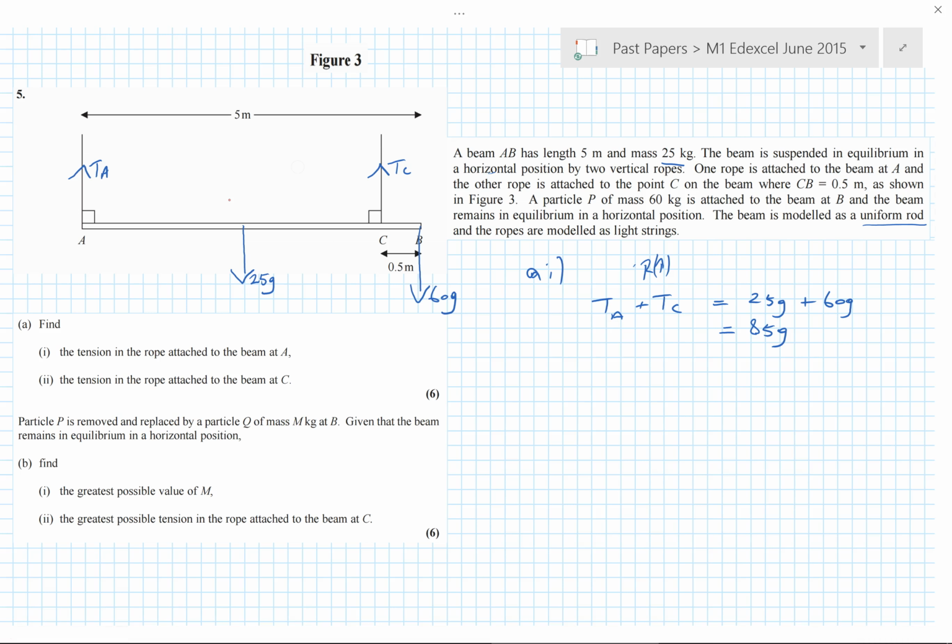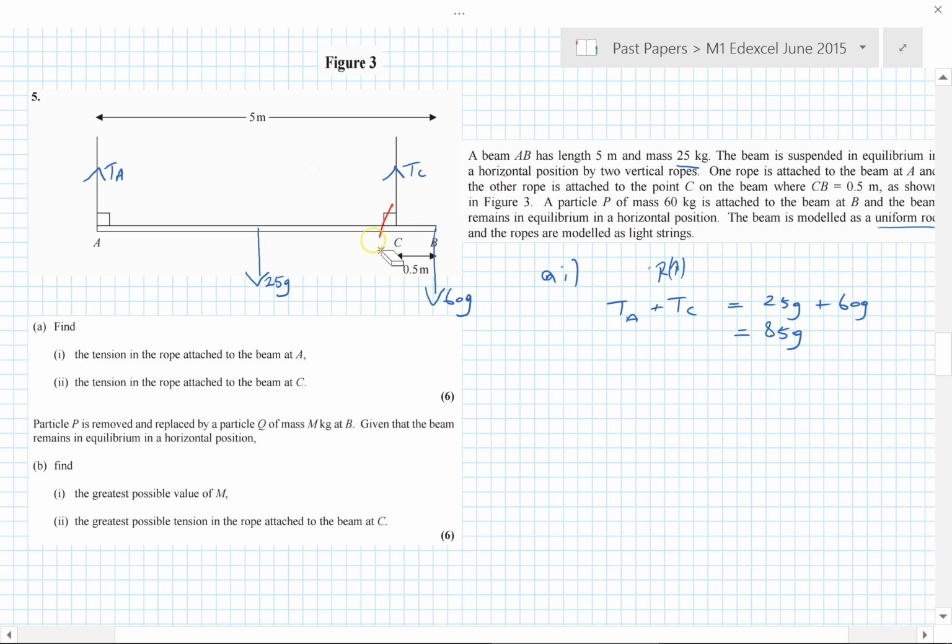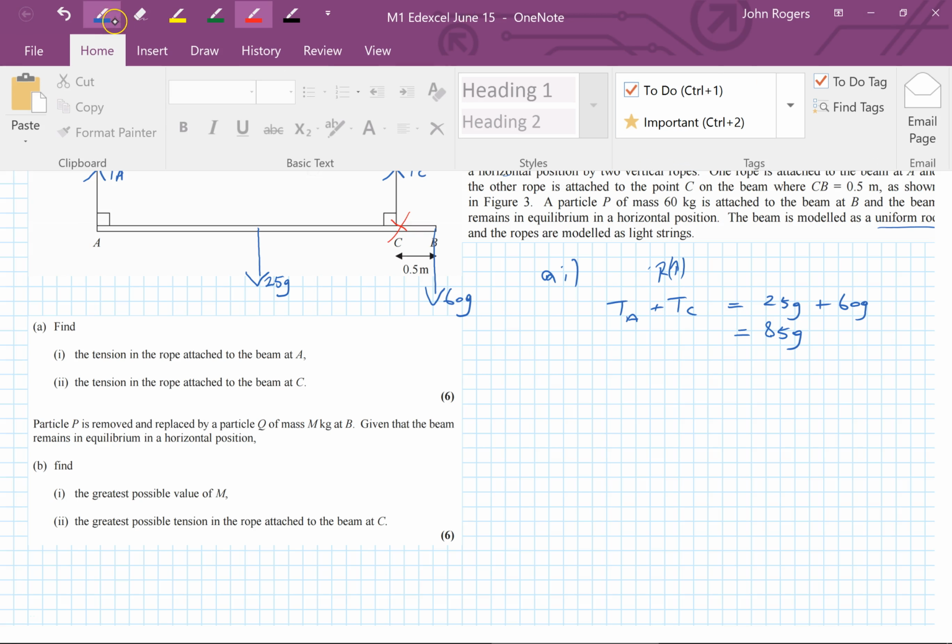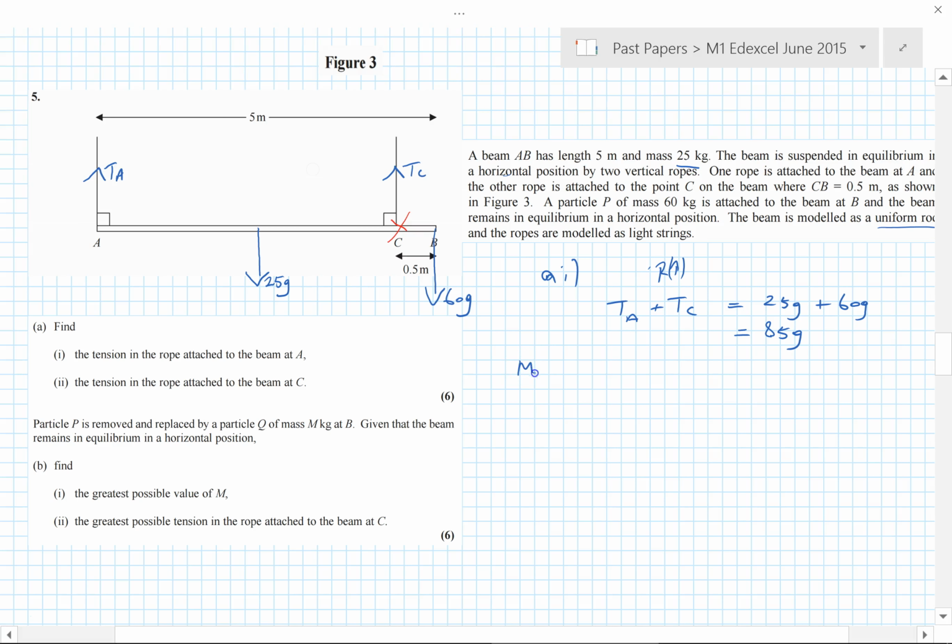So if I take moments about C, I choose arbitrarily, it's not really a preference between one and the other, then I can say the ones that are going clockwise are obviously this force here, the TA force is definitely going clockwise, and so is the 60g force, if I'm taking moments about C. So the clockwise ones, TA force times distance.